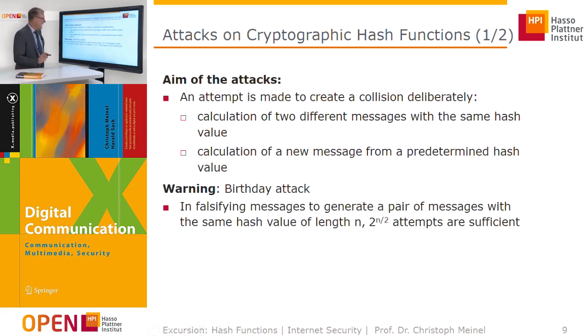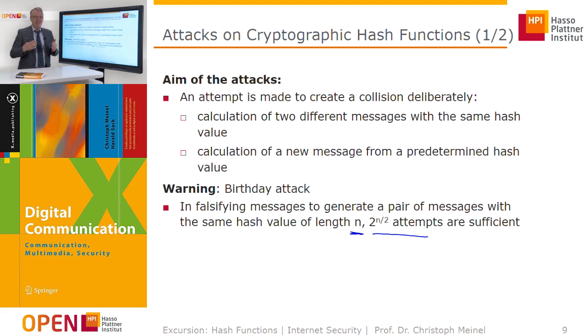In falsifying messages, generating a pair of messages with the same hash value of length n is possible with 2 to the n/2 attempts. This is a conclusion from the birthday paradox. So this attack is always possible. And now you see, this n is important. It needs to be small to make the application of hash values as efficient as possible.